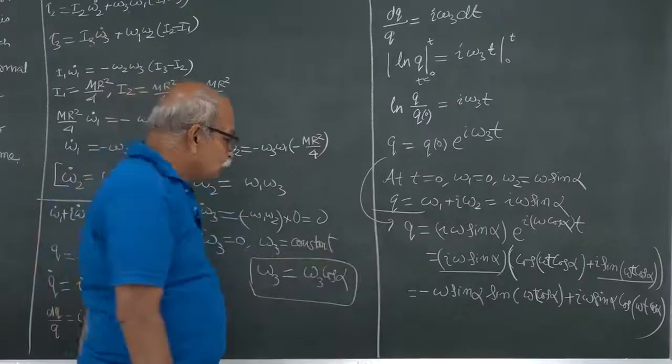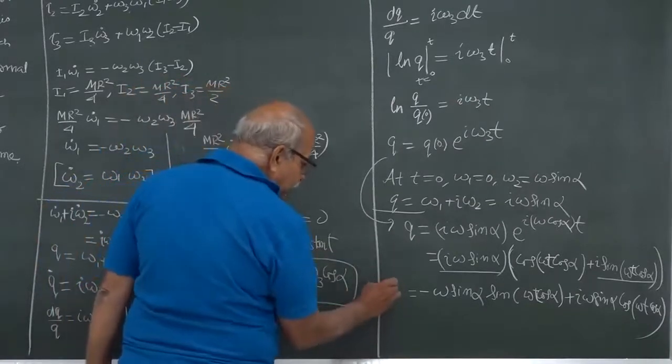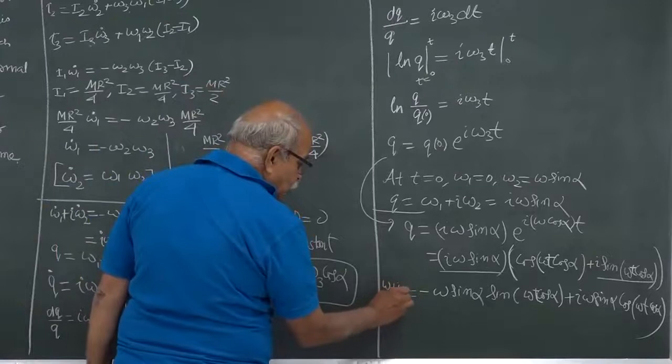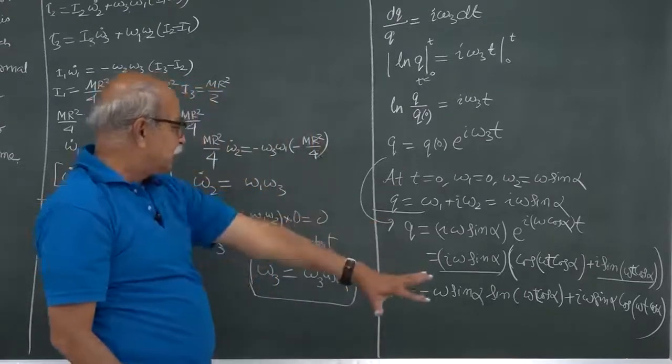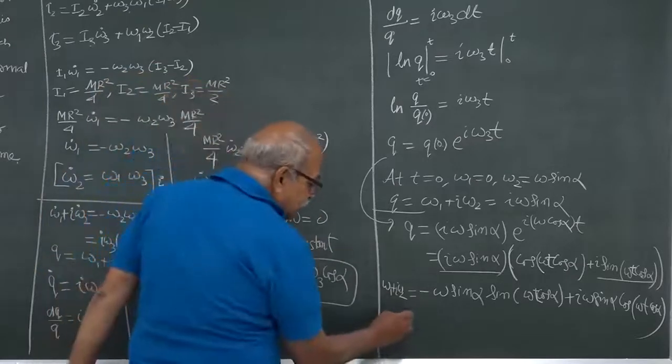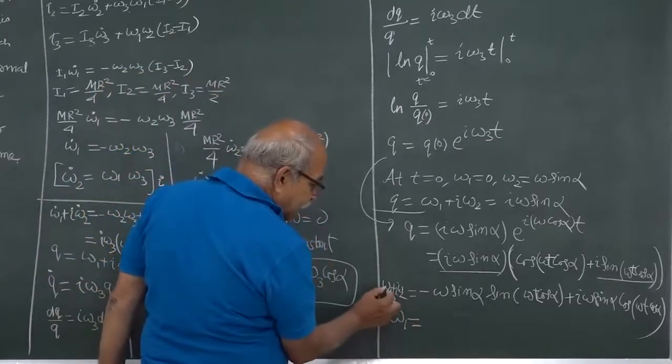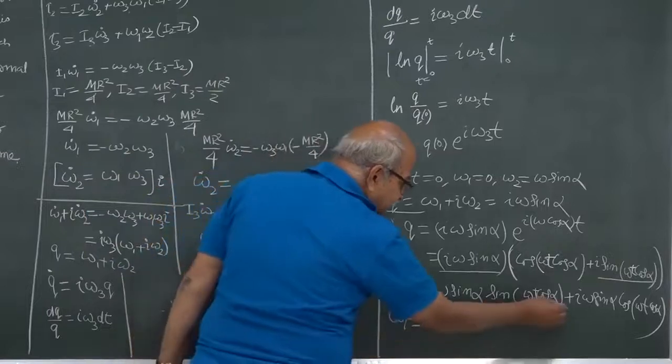But what is this q? This q is omega 1 plus i omega 2, and the real part should be equal, the imaginary part should be equal. So, omega 1 should be equal to the real part, and where is the real part? This is the real part.